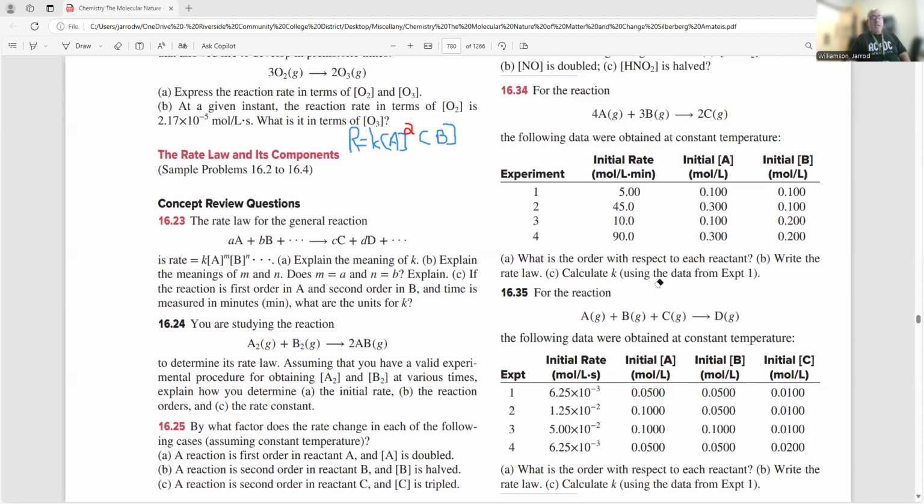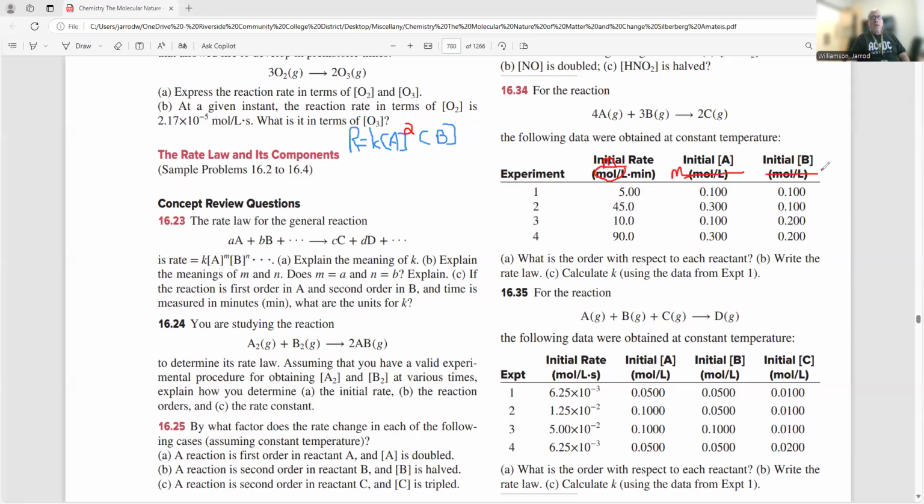Now it says calculate K using the data from experiment 1. Remember, moles per liter is really molarity. So I'm going to make it easier on ourselves. This is molarity. This is molarity.